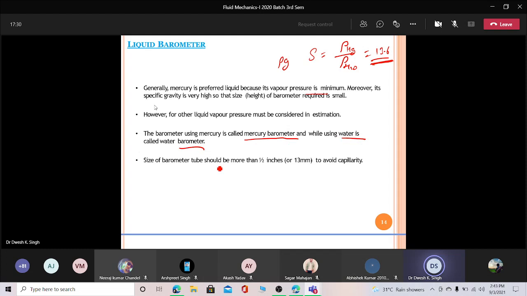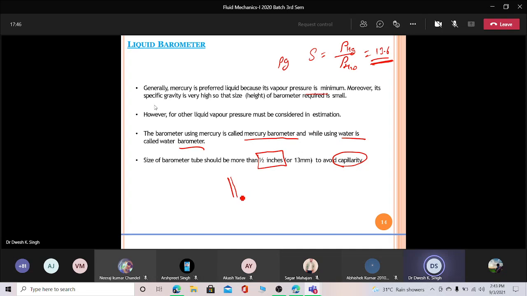About the size of the barometer tube, we need to be very careful that the size should be more than half an inch, so that capillary action will be avoided. What happens if you take a very fine bore?